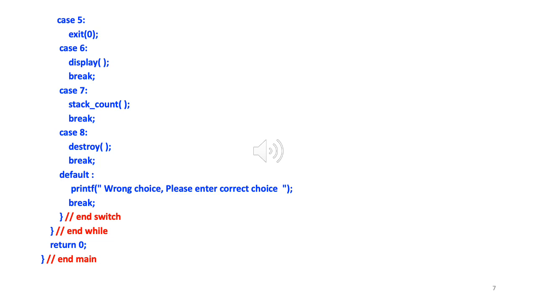Okay. So if it comes to the default case, wrong choice, please enter the correct choice, then what is going to happen is it will go back to the while, and again it will ask to enter the choice, and then based on ch it will again test with switch. Yeah, so I hope that part is clear. And finally return 0. So this is for the main, int main return 0. Okay.